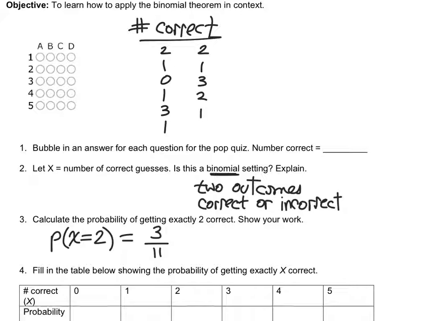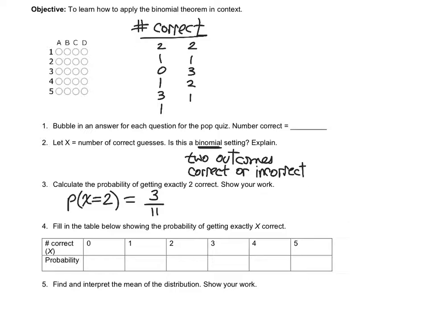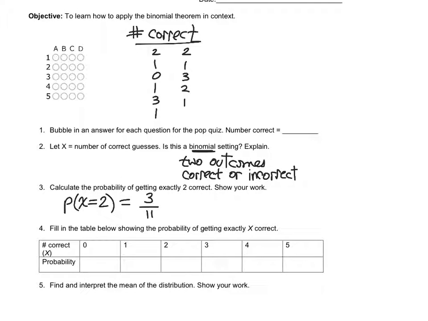If you know it's binomial, then the techniques I'm about to show you come into play. All right. So, number 4, fill in a table showing the probability of getting exactly X correct. Right. And this is based off of our data set. All right. So, I'll show you how to do this using the calculator in a little bit. But they're all out of 11.